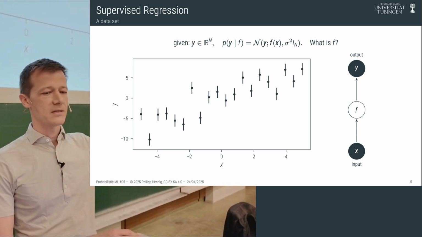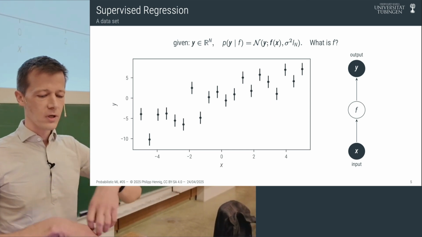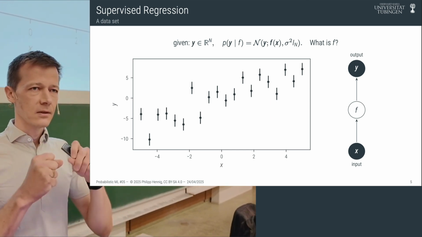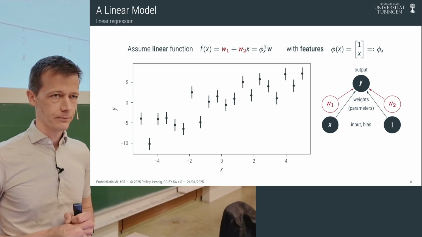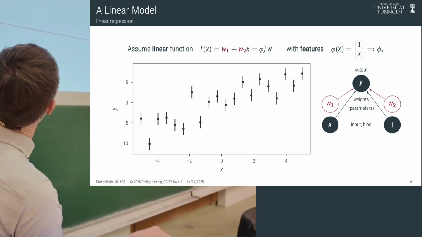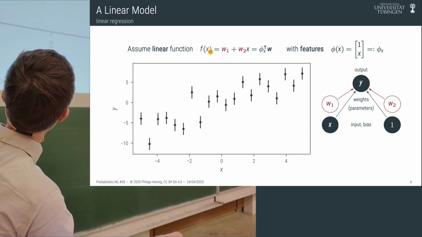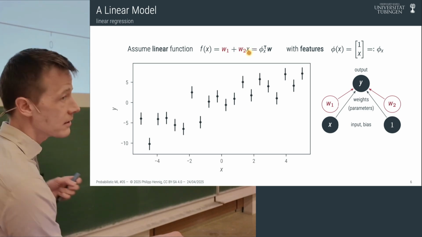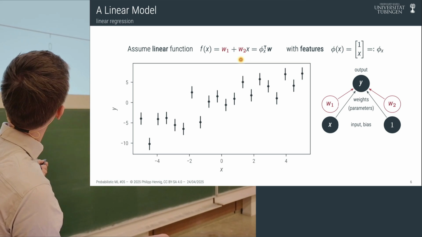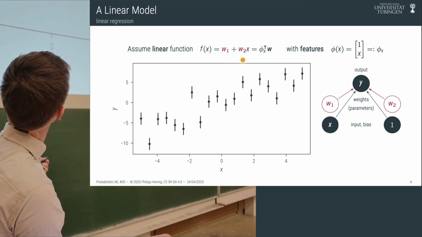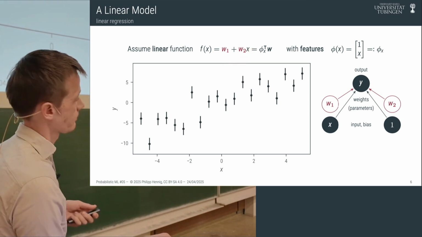So the proposal is, it's a very good proposal, to make a concrete so-called parametric assumption about what the function looks like. So we're going to say there is a linear function here, one that maps from x, it's linear in x. Right, that maps from x to a constant plus another constant times x.